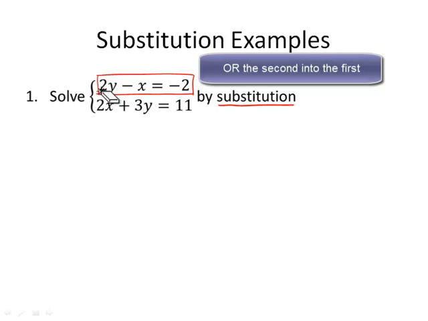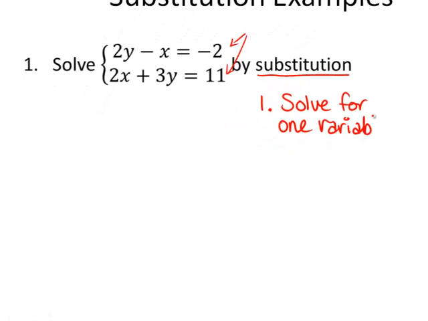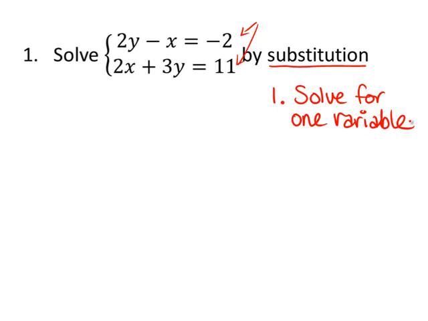So, at this stage, what we can do is we can choose one of these equations, either one. Your first step is to solve for one of your variables. Now, it really doesn't matter which one, just one of them. You could pick the x, the y, the x, the y.